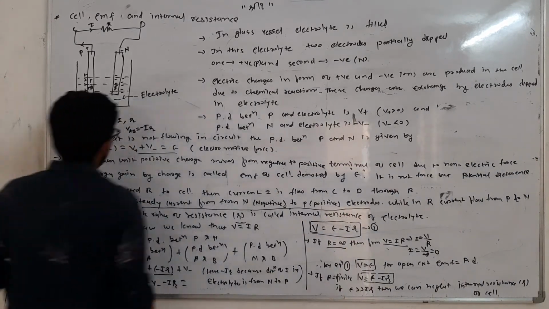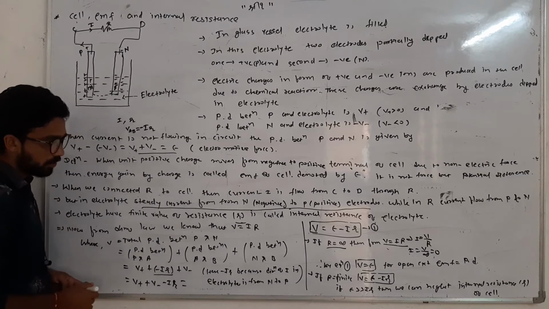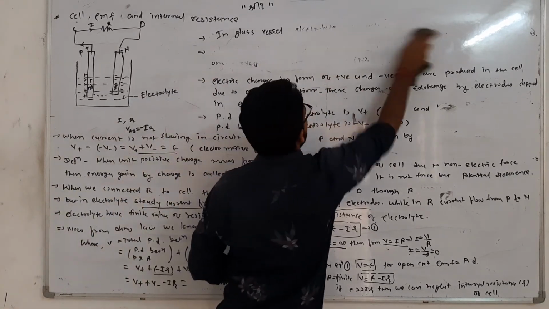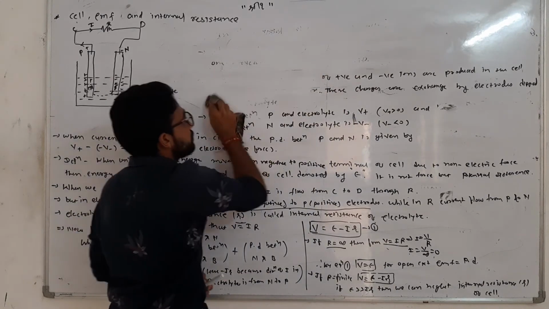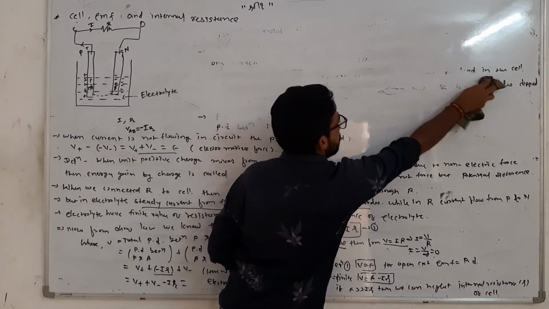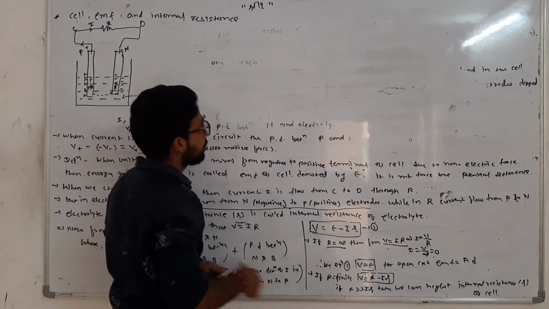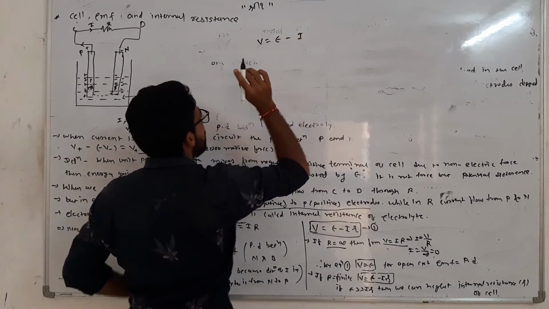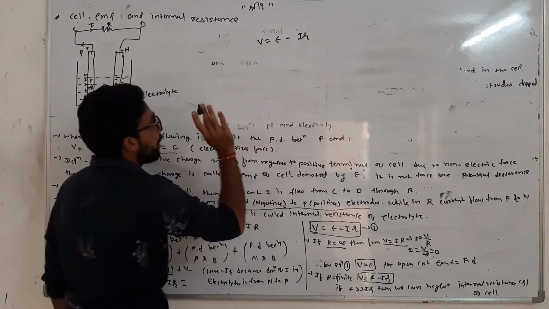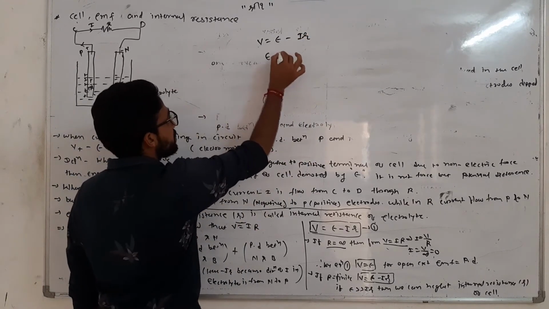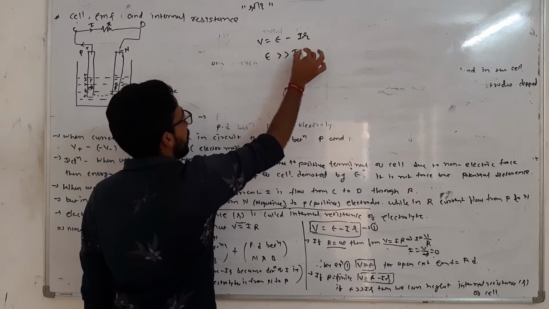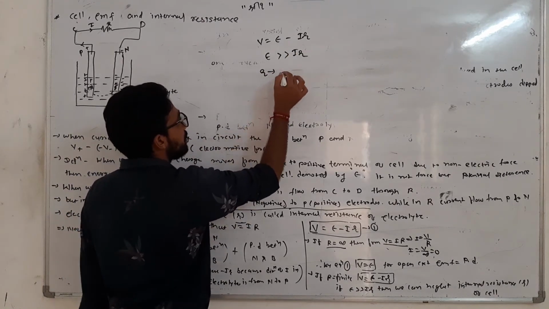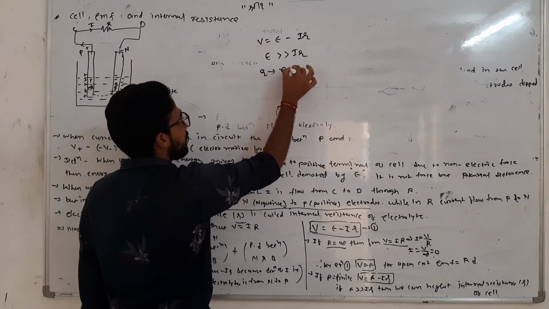And also, so here we get the last equation, that is V is equal to epsilon E minus Ir. And if this EMF is very large compared to Ir, so at that time you can neglect the internal resistance of the cell.